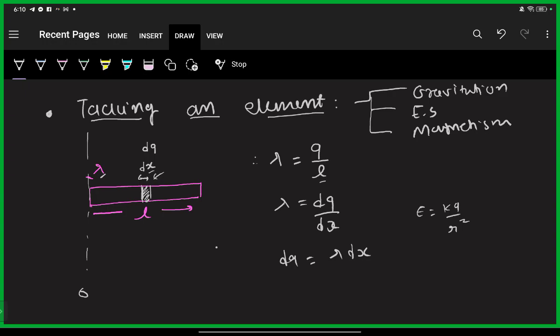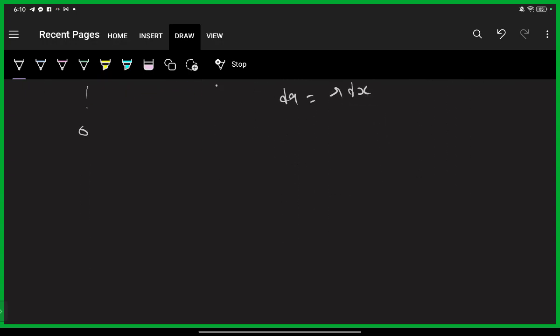For example, there is this question of gravitation. In gravitation, they will give you a mass density, given by mu. Mu is basically mass upon length. Charge density is charge upon length. So you are going to take an element of mass dm and length dx. This is the origin. Origin is important.